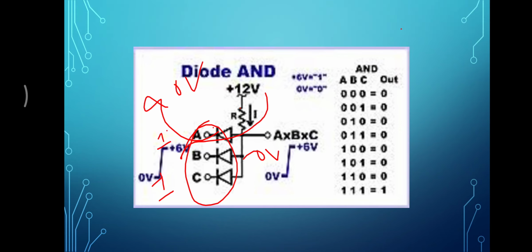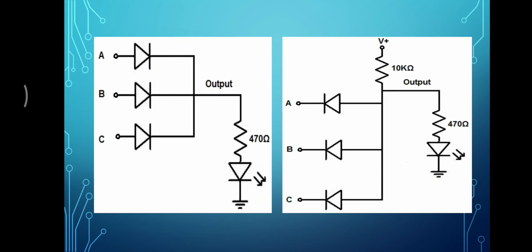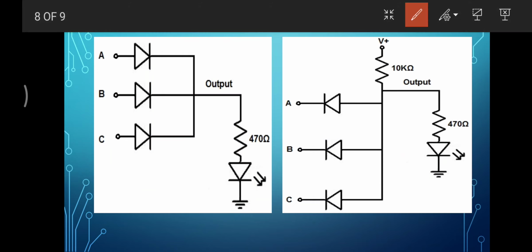So how will you test? The simple way, if you want to try this at home, you can connect an LED. Obviously you cannot put a multimeter and change the signal and try it every time. What you can do is take 3 diodes, make the circuitry as shown in the figure in front of you, and just connect a push button with this and give it 5 volt or ground.